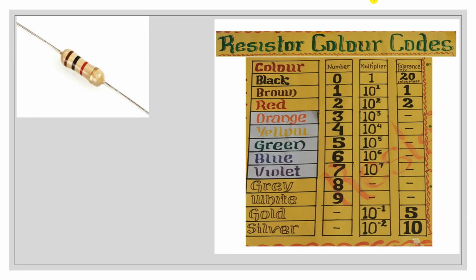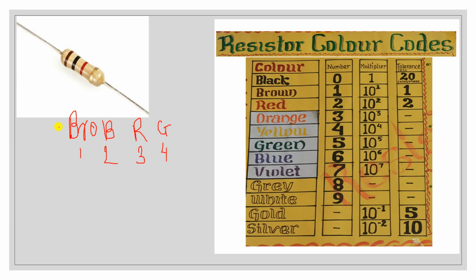Let us see the example one by one. Here it is gold, red, black, and brown, read as 1, 2, 3, and 4 from the left.